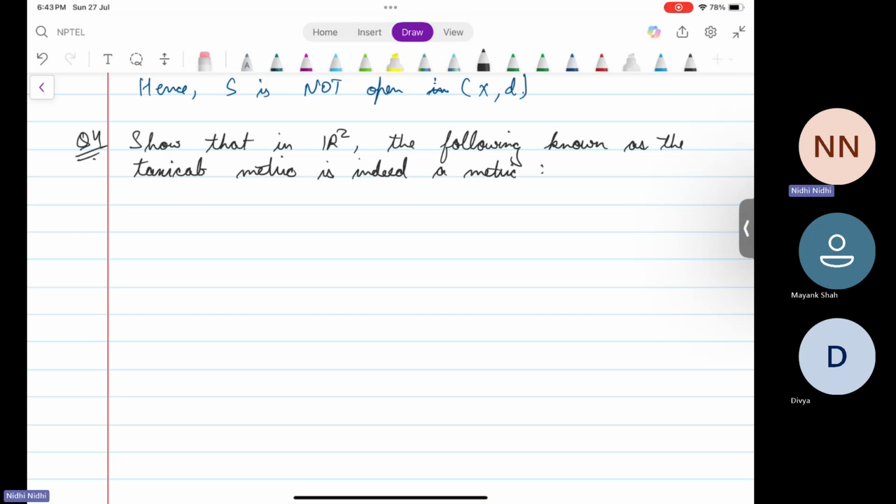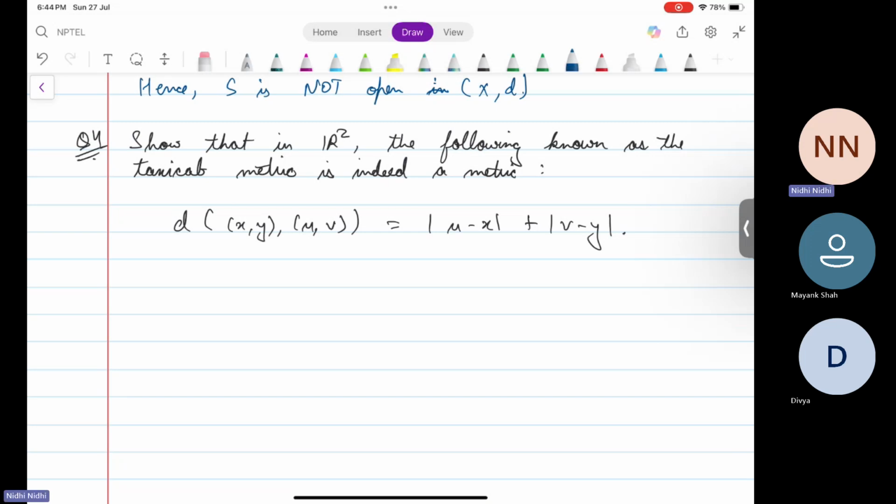How is it defined? We define it as d of (x,y) comma (u,v), where these are 2 points in R2. This is equal to mod u minus x plus mod v minus y. So we'll see that yes, this forms a metric by satisfying the conditions.